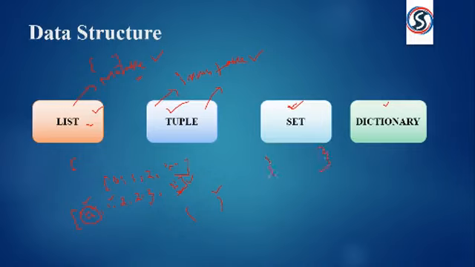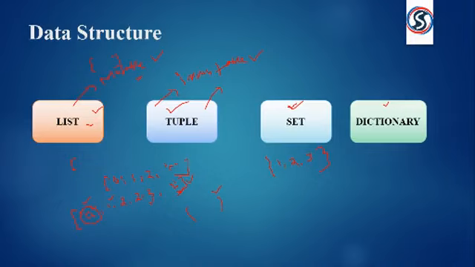Suppose I am writing 1, 2, 3 here. The elements of the set are within the curly braces, and all the elements are separated by a comma.